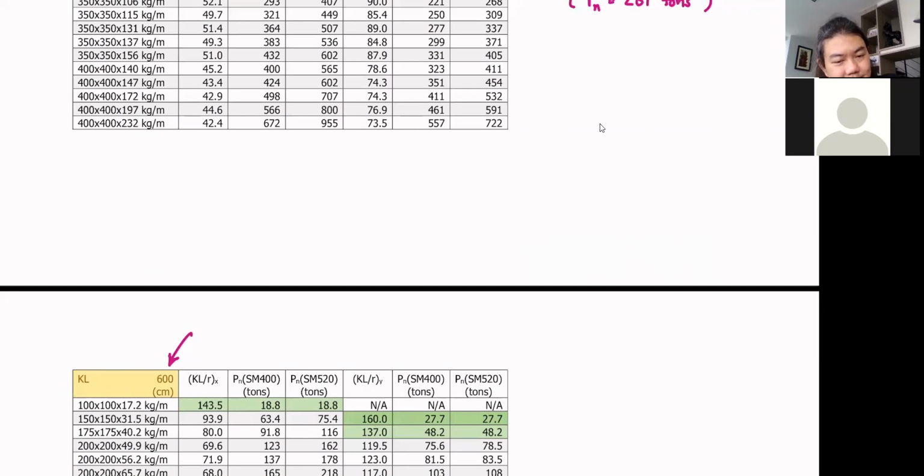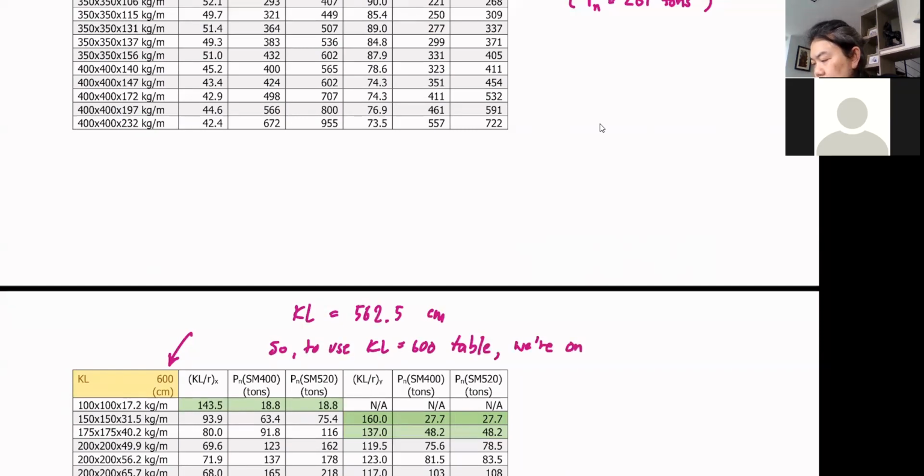Am I correct? Right? We need to look for KL of 562.5 centimeter. So to use the KL equal to 600 table, we are on the safe side.